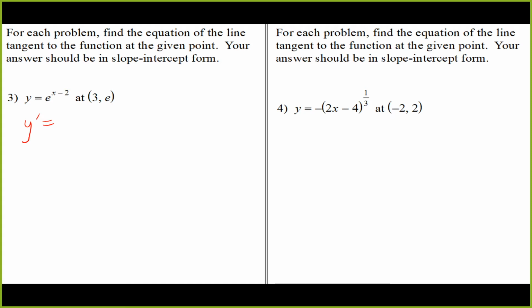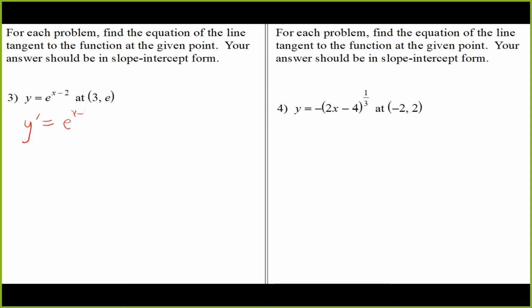It's going to be just e to the x minus 2.